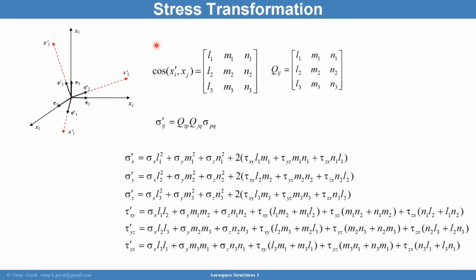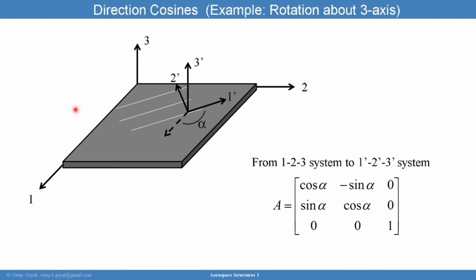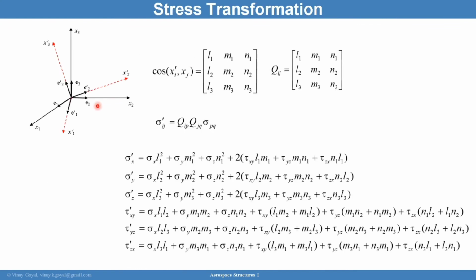Now a more general rotation is going to look like this. I have the x1, x2, and x3 axes, and I'm going to rotate that coordinate system into a completely different one, not just rotating about the 3 axis, but about all axes. So I'm going to have the x1 prime, x2 prime, x3 prime axes, and I'm going to rotate from this coordinate system into the red one here. So you have to basically do the same calculation.